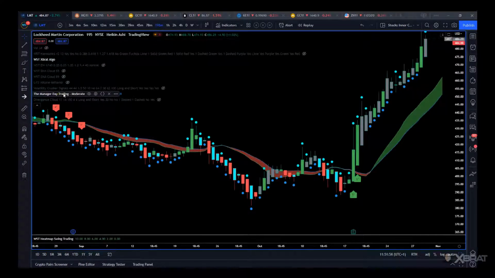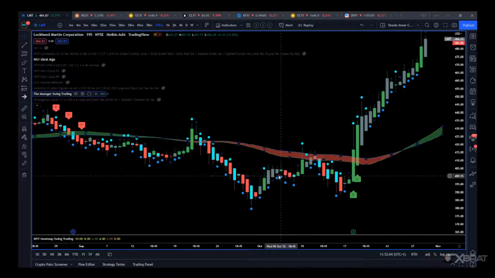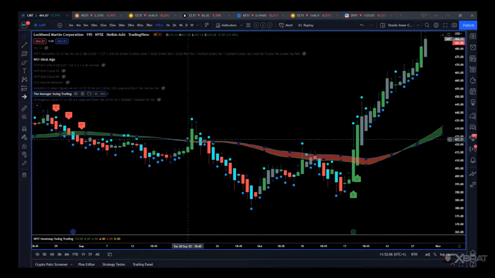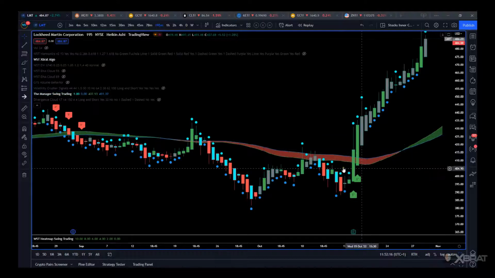So the manager we need to set now to swing trading. There are different types of settings for the manager. With this swing trading, we're on the 195, and we can see the ribbon is pretty flat.